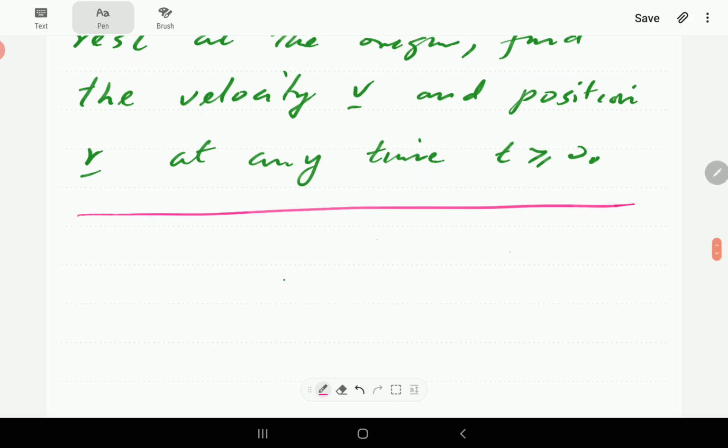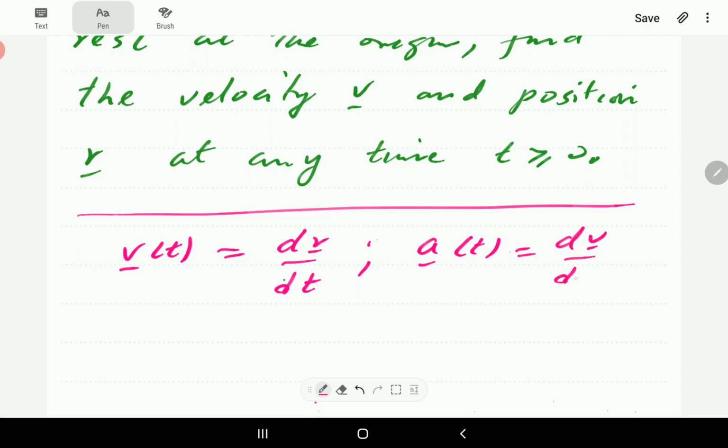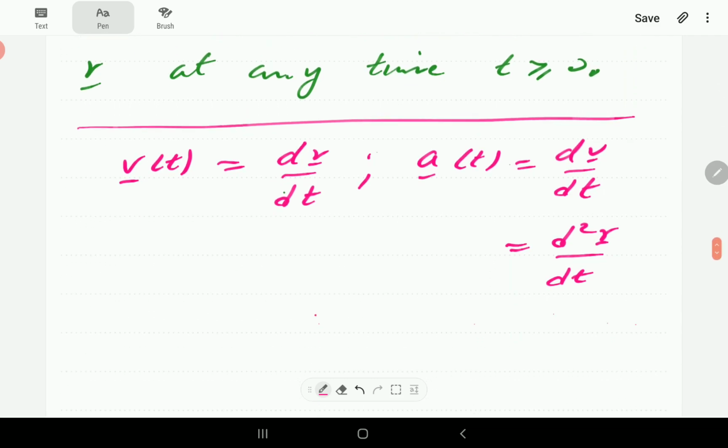So we're going to start by mentioning that the relationship between the displacement and velocity is that the derivative of the displacement is going to be equal to the velocity in kinematics, and the acceleration is the derivative of the velocity, or the second order derivative of the displacement vector.